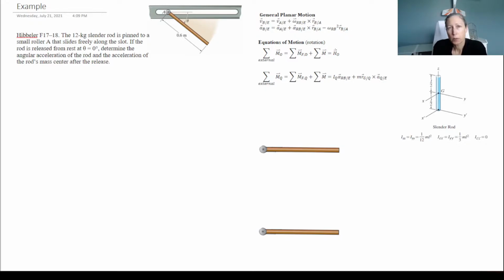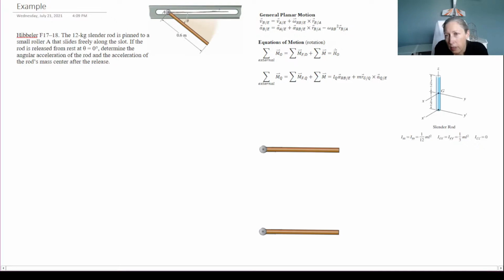This is general planar motion. So here we have a slender rod, and it is fixed to a roller at point A. It's free to rotate, and roller A is confined to this frictionless slot, so it can move side to side. And at time t0, our rod is at a position such that theta is 0, so our rod is horizontal.